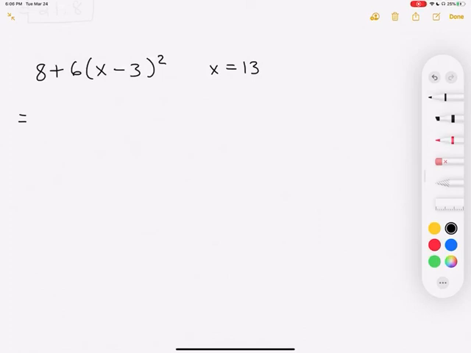So let's see what the result is if I take 13 and substitute it into the x that I have in my expression. That's 8 plus 6, and then I'm opening parentheses. I'm putting a small parenthesis in here for the letter. Subtract 3, close parenthesis to the power of 2. I am replacing all of the x's for a number 13, and now I have to do PEMDAS again.